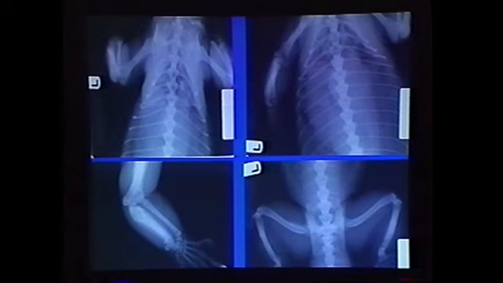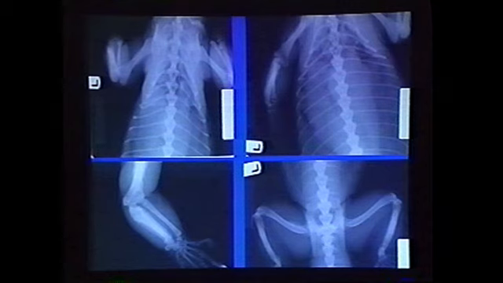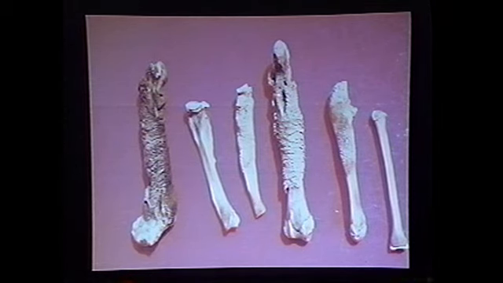Typical radiographic appearance of an affected savanna monitor showing proliferative changes along the articular surfaces of the long bones. Gross appearance of the affected bones. Note the sparing of the joints and involvement of the midshaft and metaphyseal regions.